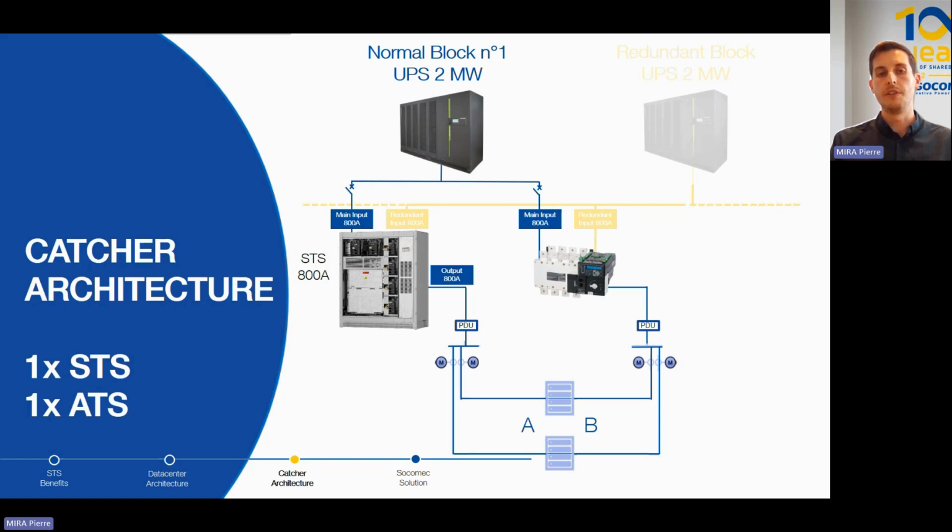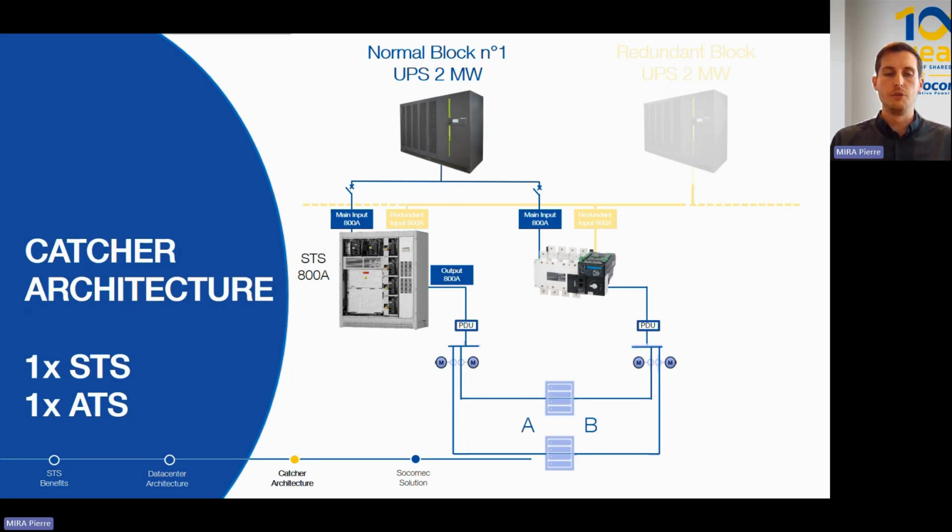Path A is fully secured through the static transfer switch and will maintain the high level of resiliency. And path B will be getting a small downtime because the automatic transfer switch will transfer, but taking more time than a static transfer switch.